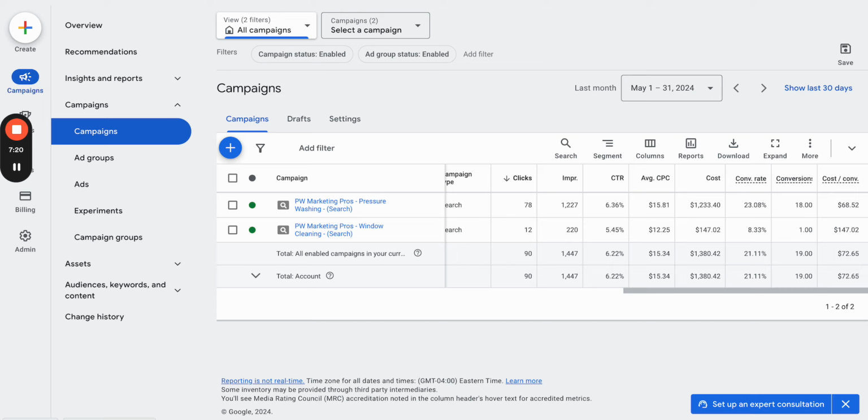And then we have another client that we literally just started a campaign for. I want to say it's been 3 weeks, right? They're in the Carolinas as well, and they get $68 per lead, 18 leads, $1,200 spent, 23% conversion rate. I'll probably see what we can do to optimize this window cleaning campaign.